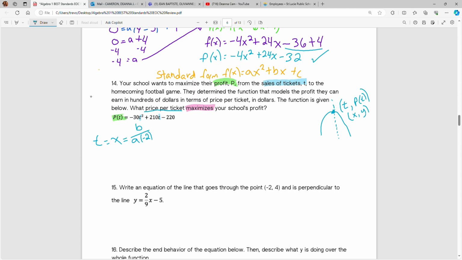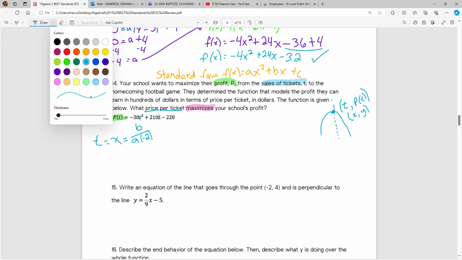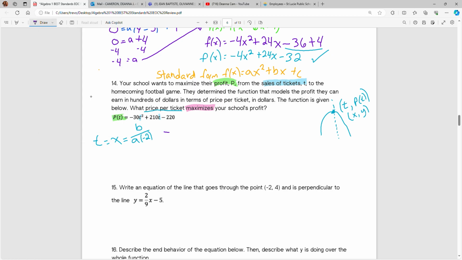And while we're in standard form, and I've already written it from the question above, I can find my numbers really quickly here. So this equals, for b, we have 210 over a times negative 2.